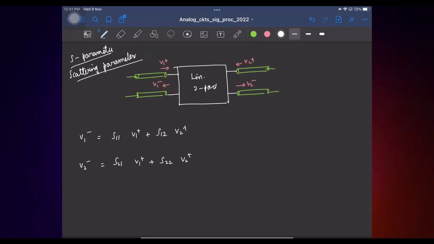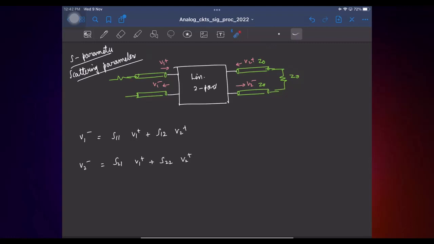Anyways, cool. And remember, here we'll terminate on either end with Z0, and Z0 is the characteristic impedance of the cable that you are going to use. Okay, so unlike the Y and Z parameters, the S parameter is not complete unless you specify what Z0 you have used, right?